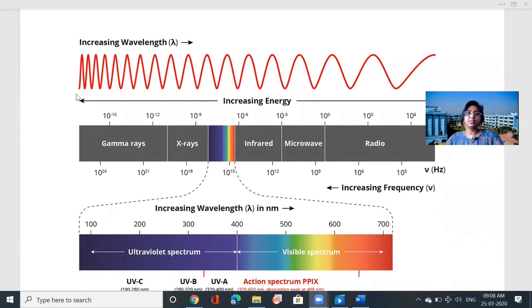You can see the wavelength increasing from left to right, but the energy is decreasing. Initially the wavelength is less, but gradually the wavelength is increasing here.